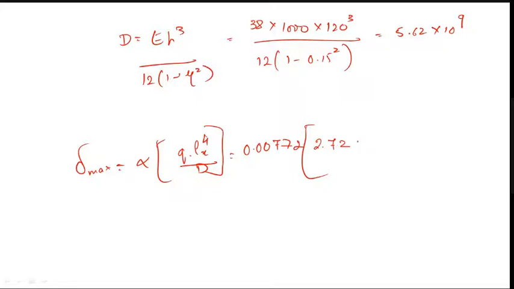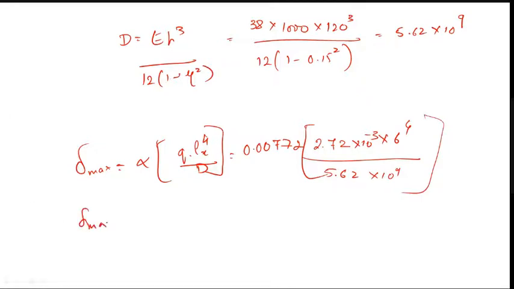If I convert it into Newton mm, it will be 2.72 into 10 power minus 3. Then Lx was the span of 6 meter, divided by D, which I have calculated above, 5.62 into 10 power 9. The deflection will be in terms of mm. Therefore the deflection which I have got is 4.80 mm.